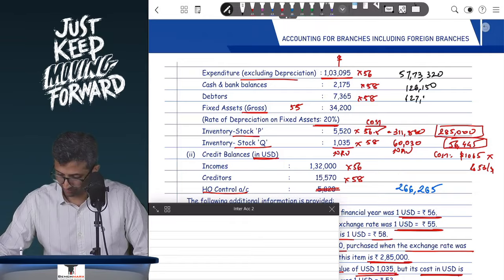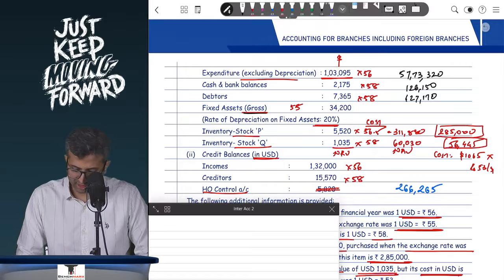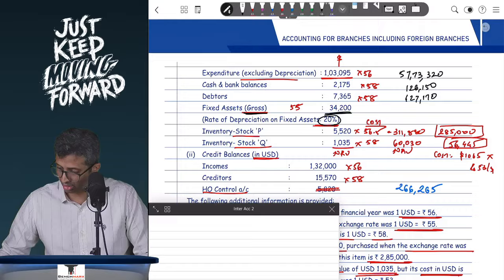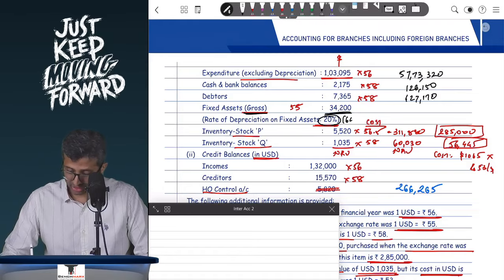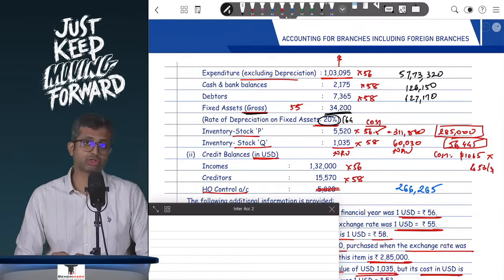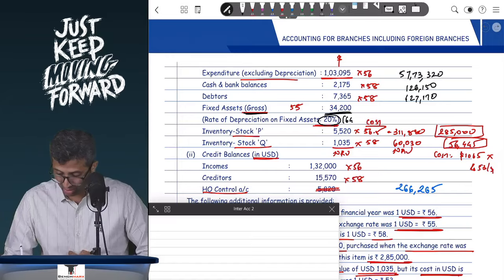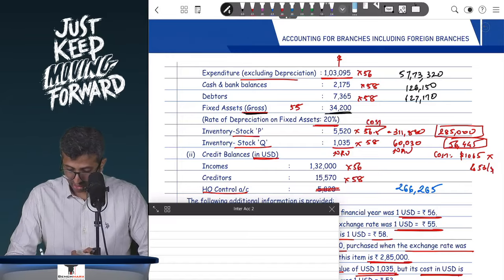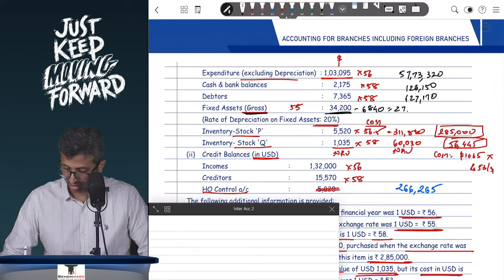Now when I look at fixed assets, this is 34,200 on that depreciation of 20%. So 34,200 into 20% comes to 6840. So 6840 I think is not being charged, and hence you'll have to make an entry, depreciation account debit to assets. So your asset will now become 34,200 minus 6840, which is 27,360 into 55.